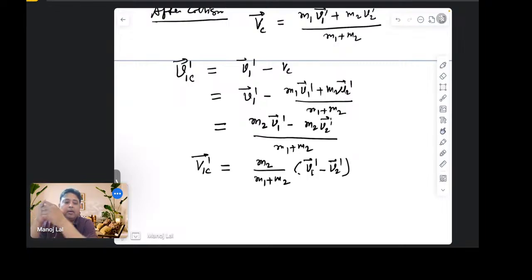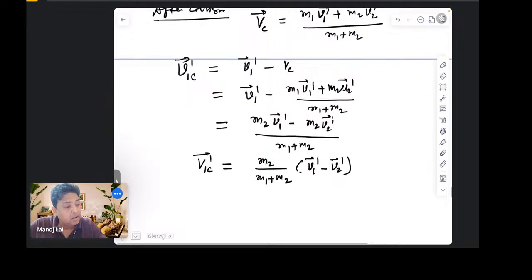Now one more. All right. So similarly, if you ask what is V2C, let me write V2C. Students, the same way you do it, you will get M1 by M1 plus M2 times V1C minus V2, V1 dash minus, right?